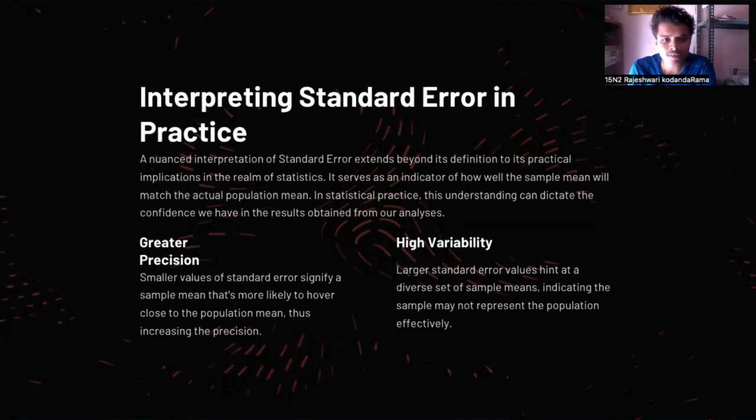Great precision: a small standard error value signifies a sample mean that is more likely to hover close to the population mean, thus increasing the precision. High variability: a high standard error value hints at a diverse set of sample means and indicates the sample may not represent the population efficiently.